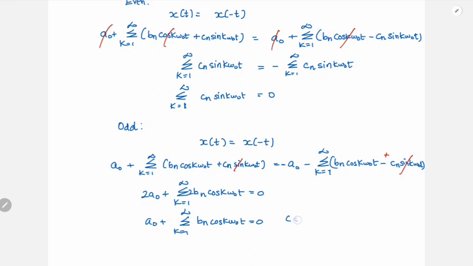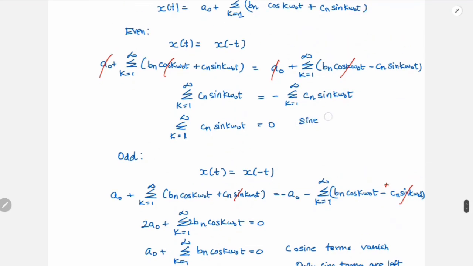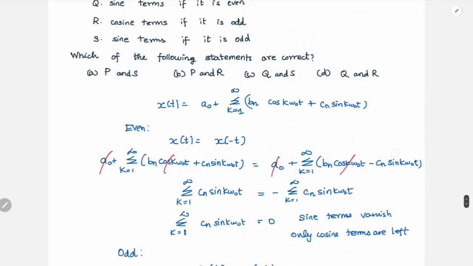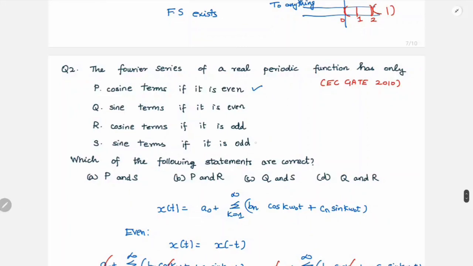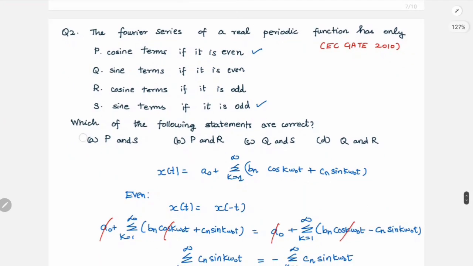So in the odd case cosine terms vanish and only sine terms are left. Here, in the even case, sine terms vanish and only cosine terms are left. So when it is odd, only sine terms are left. So P and S are correct statements. The option is A.